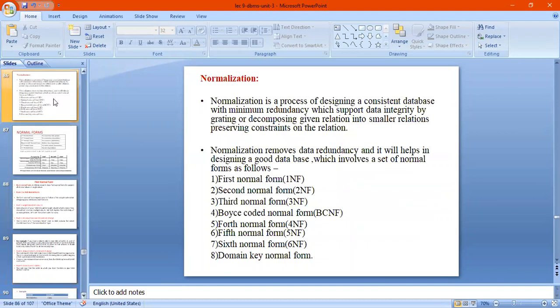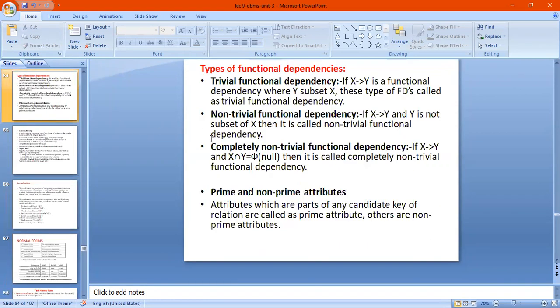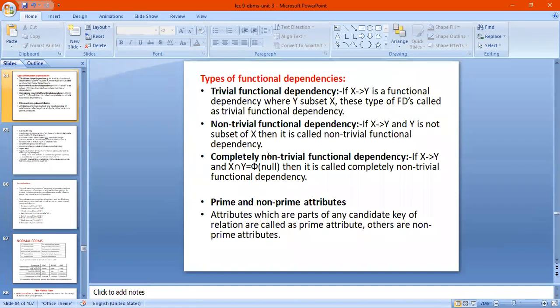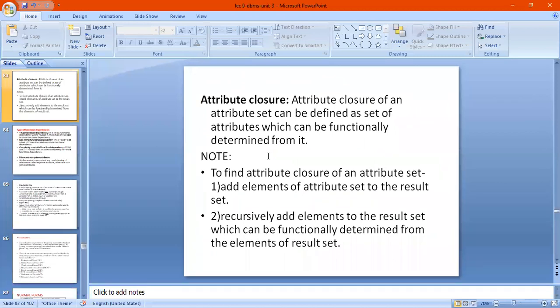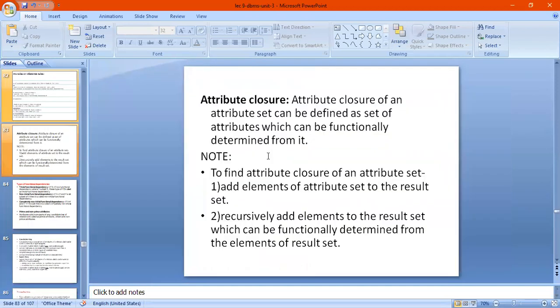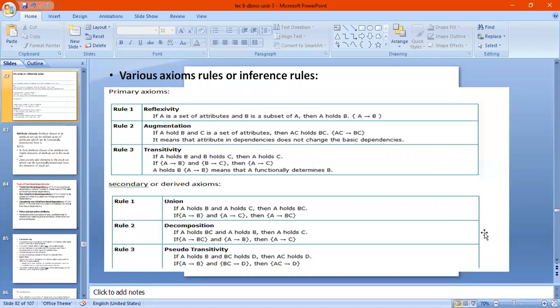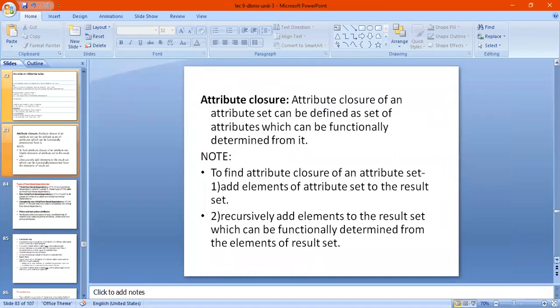So next, attribute closure. The attribute closure of an attribute set can be defined as the set of attributes which are functionally determined by it.